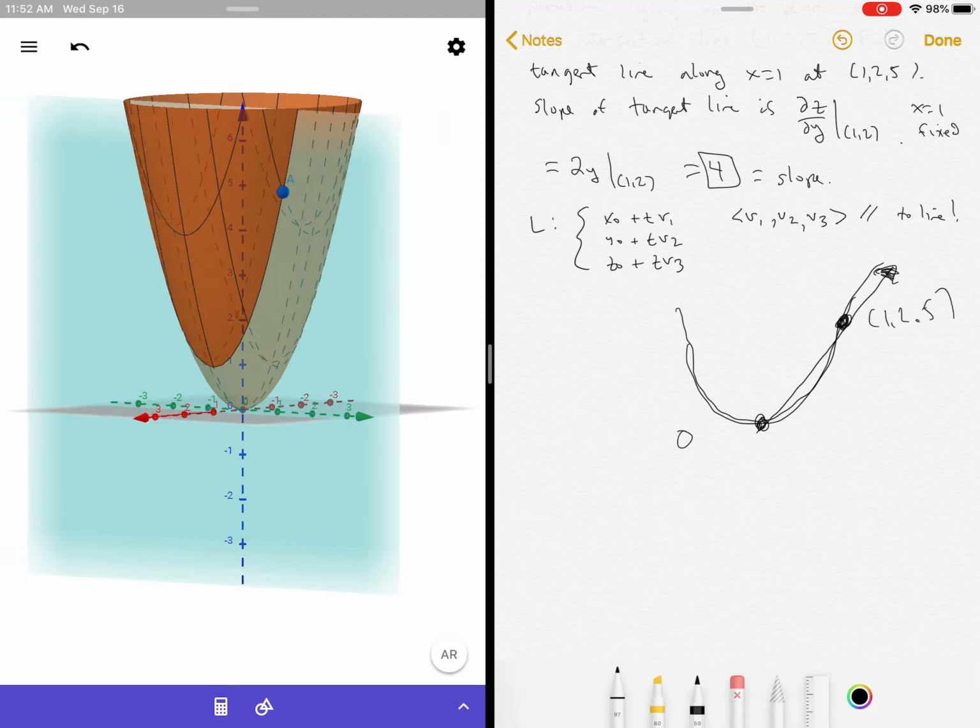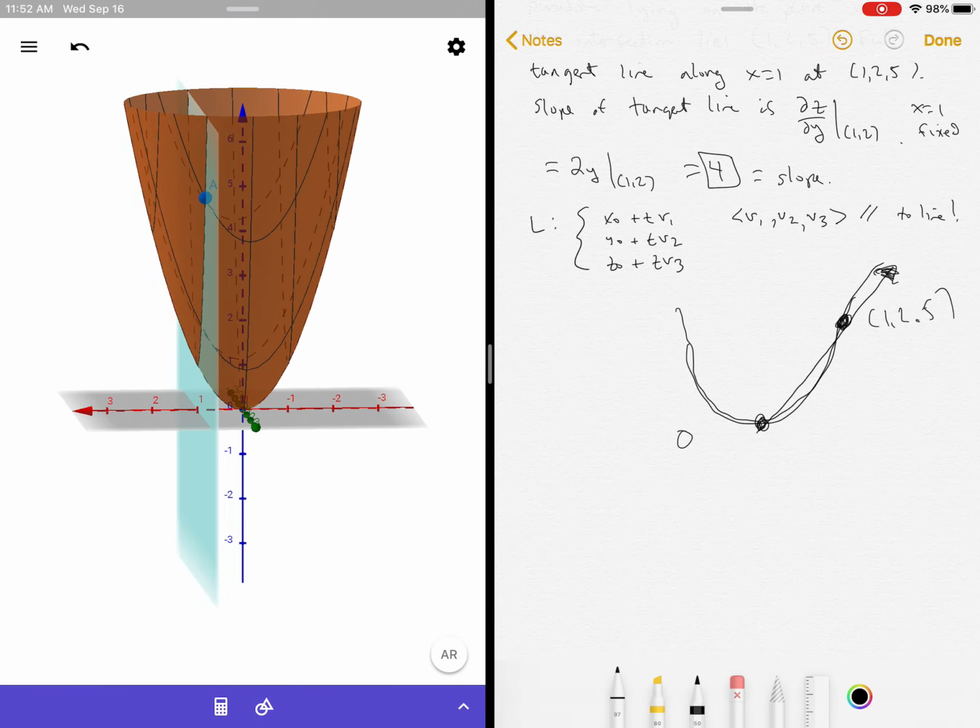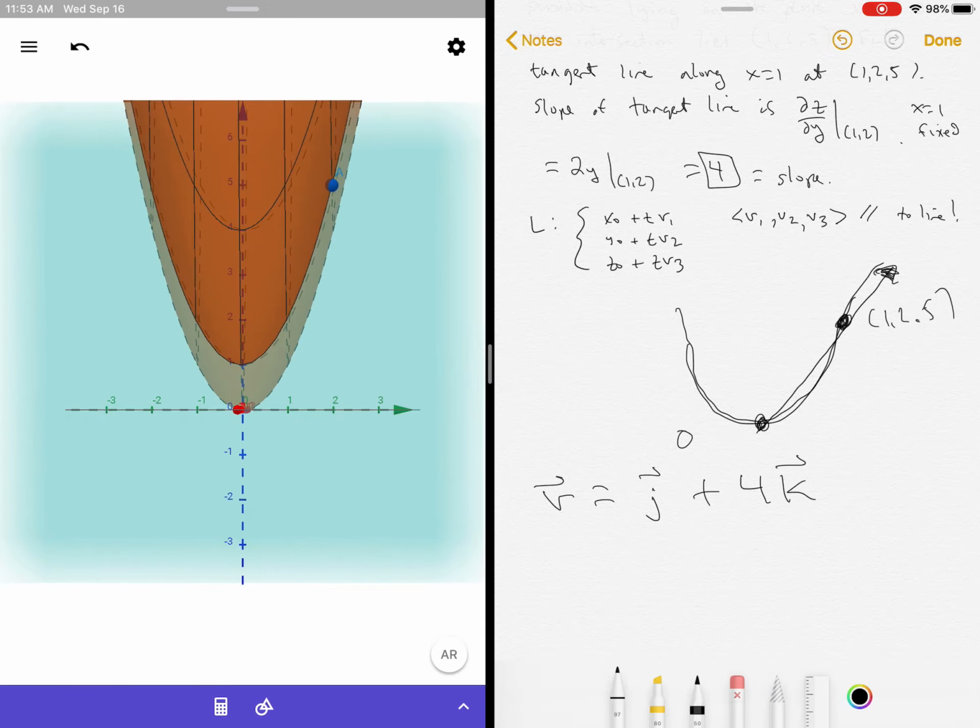What's that vector? The vector v is j plus 4k. Because if you turn it like that, this is the YZ coordinate plane you're looking at. X equals 1 is perpendicular to us. So the slope is up 4, right 1, and so that vector is just j plus 4k.